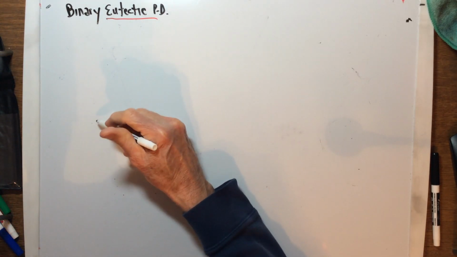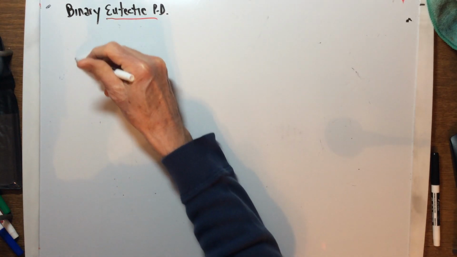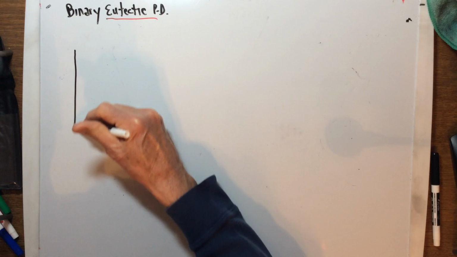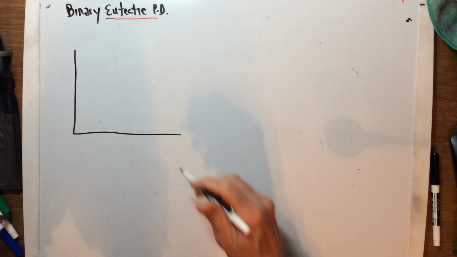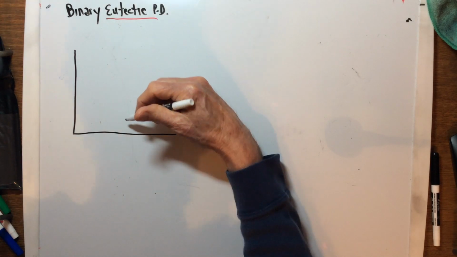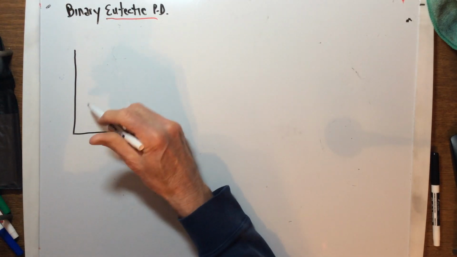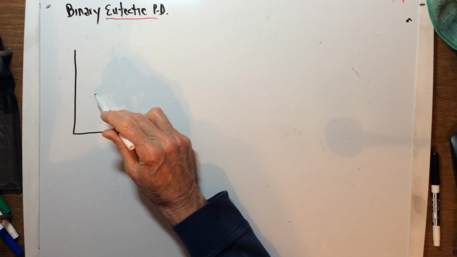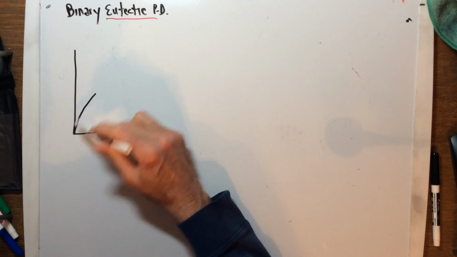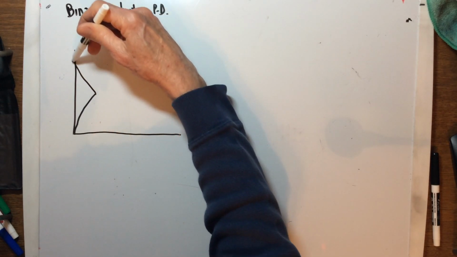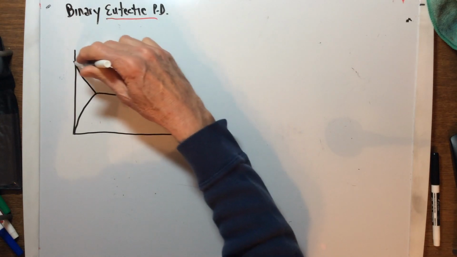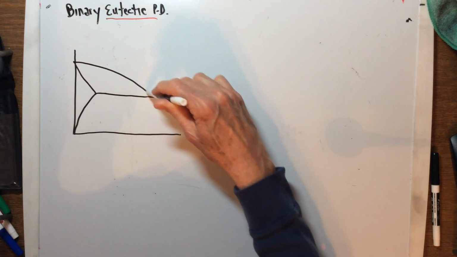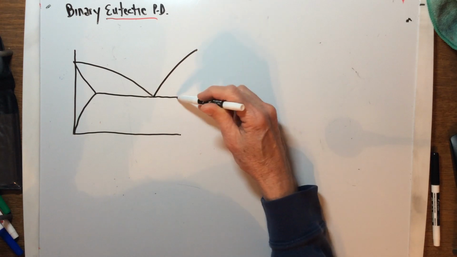So again, if we have something that looks like this, and I'm just going to draw part of it. I don't need to necessarily draw the whole thing, but let's say again we're doing something like this, something here, and this is going up like that.